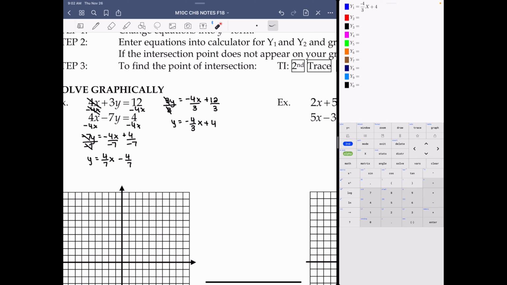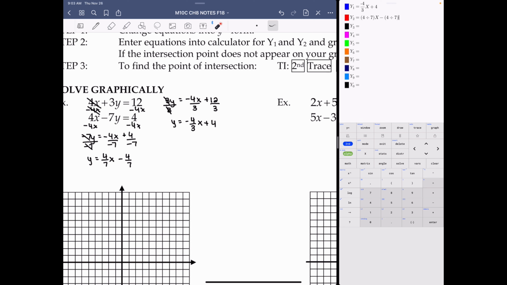If you don't have the ability to enter fractions, that's okay. Just enter the fraction that's being multiplied to the variable as a division in brackets. So for the second one, I'm going to do it this way. Bracket, 4 divide 7, close bracket, and then an x, because it's 4/7 times x. And then minus, I have another fraction, so bracket, 4 divide 7, close bracket.